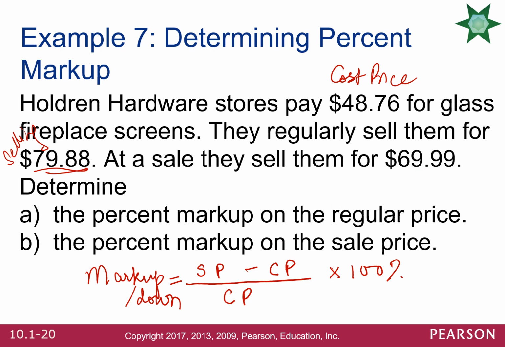When answering part A, we will have to use the regular price, 79.88, for the selling price, and for part B, the sale price. To find the percent markup on the sale price, we have to use 69.99, and in both cases, the cost price is going to be the same.